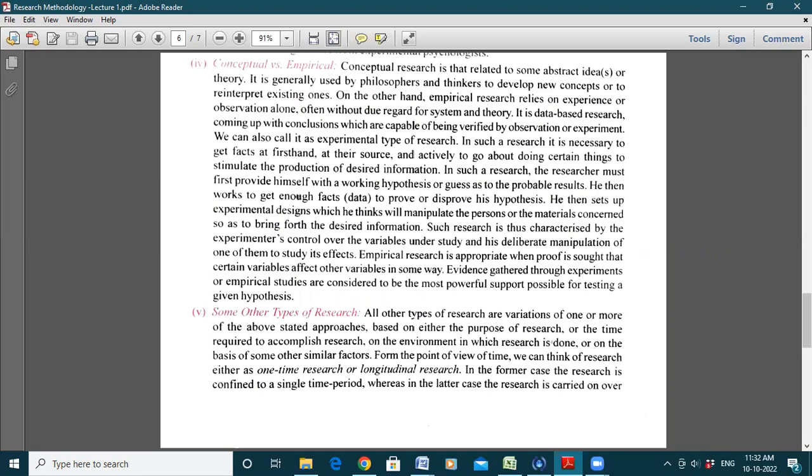It's a kind of data-based research coming up with conclusions that are capable of being verified by observation and experiment. Pay attention: in conceptual research, what do they do? They bring some ideas regarding an already existing theory, try to find out some ideas with respect to the initially existing theory or try to propose a new one. Okay, that is conceptual.